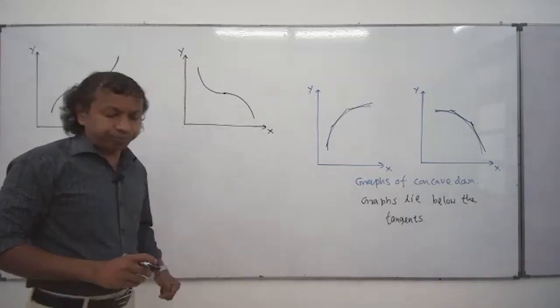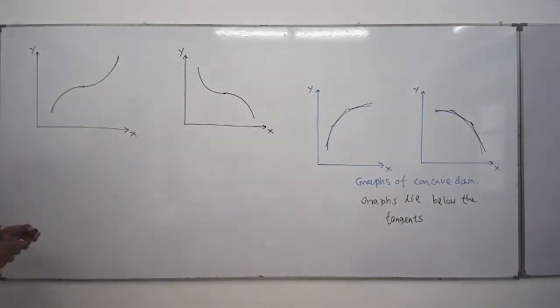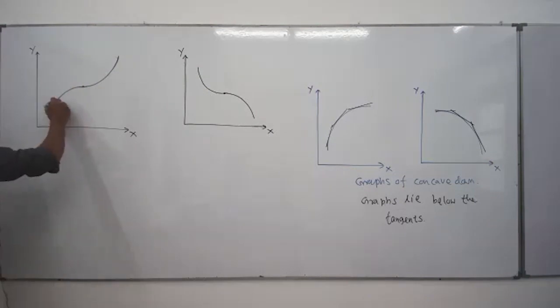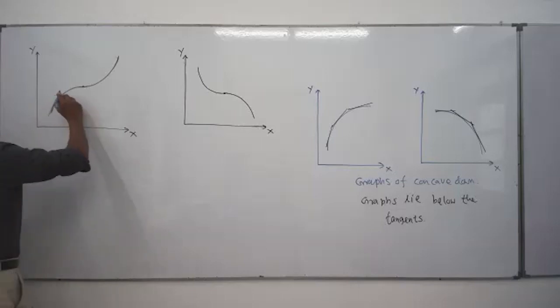People, now here, this is called the stationary point, and sometimes called the point of inflection. This is called a point of inflection because of this reason. Now I'll keep drawing the tangents to the graph somewhere here.